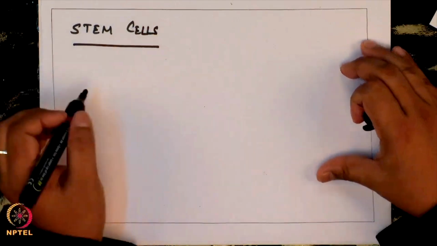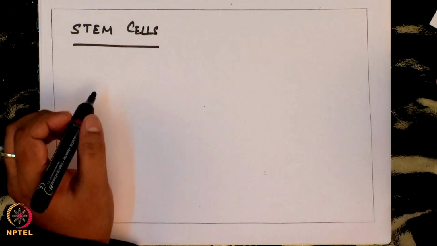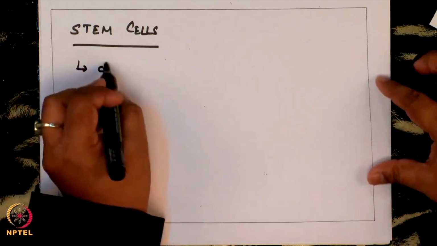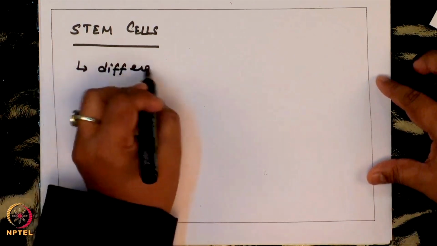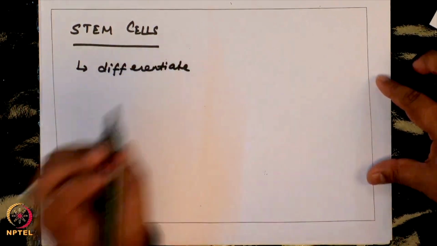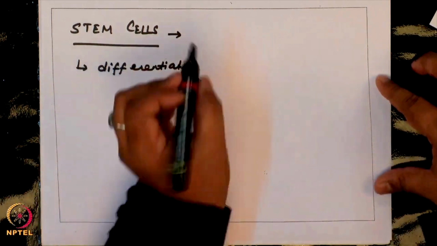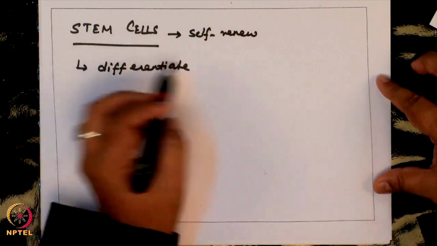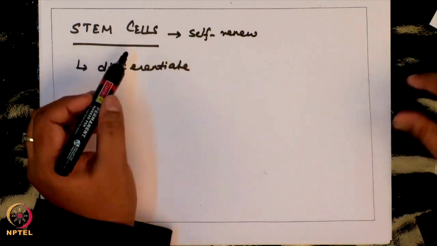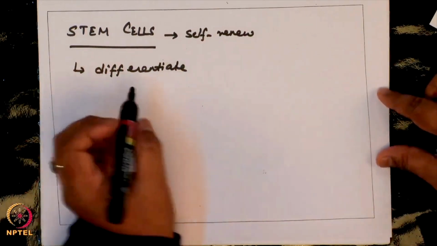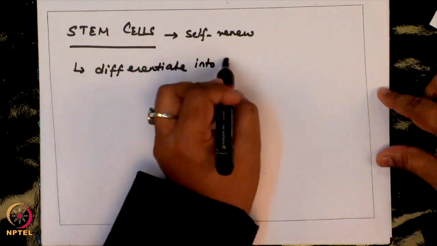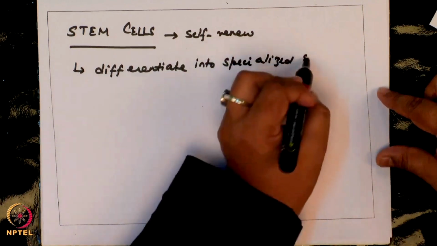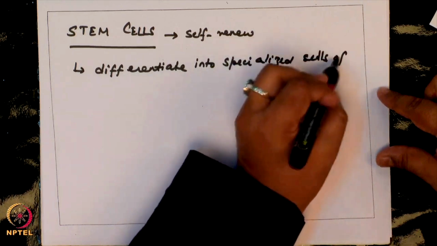So, what are stem cells? Stem cells are undifferentiated biological cells. They have two aspects: they can self renew, or divide to generate more of their own type, or they can differentiate into specialized cells of different tissues.